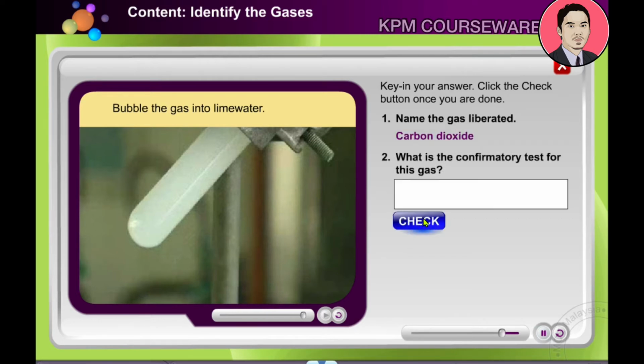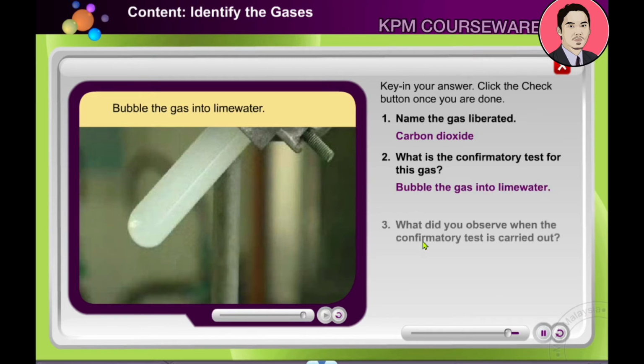What is the confirmatory test for this gas? Sorry, try again. What do you observe when the confirmatory test is carried out? Sorry, try again.